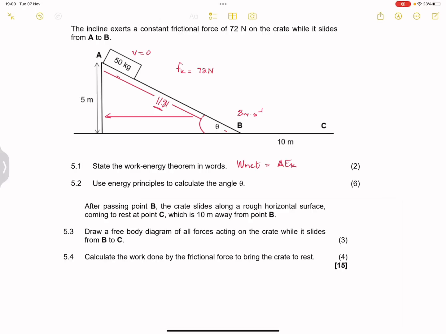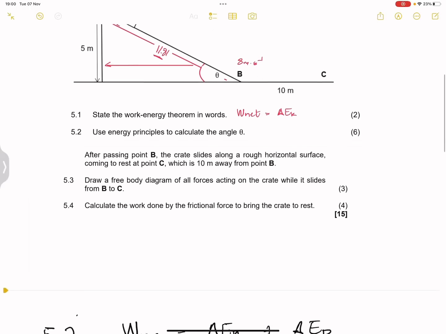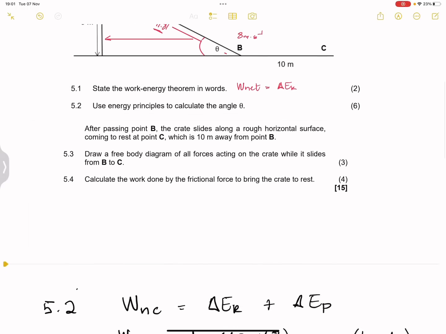In which case you would have actually found the value of delta x as well, right? But of course you would have included the component of gravity, Fg parallel, right? So now I think this would be the best approach. Right, so let's go to the next one.